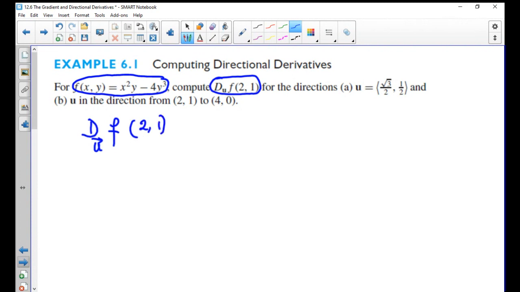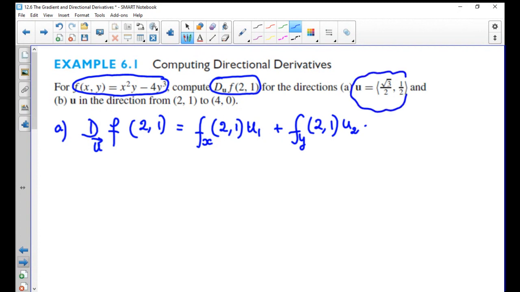So what is this number? Well, according to the rule, it's going to be fx at the point (2, 1) multiplied by u1 plus fy at (2, 1) multiplied by u2. Here is the unit vector u.